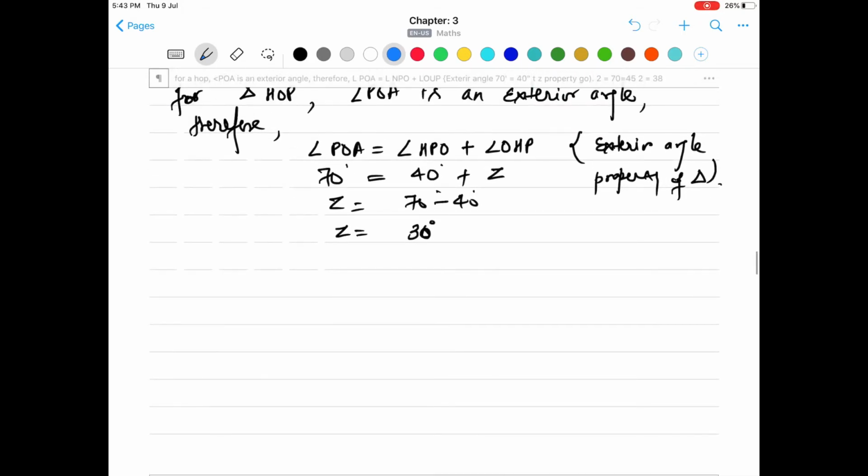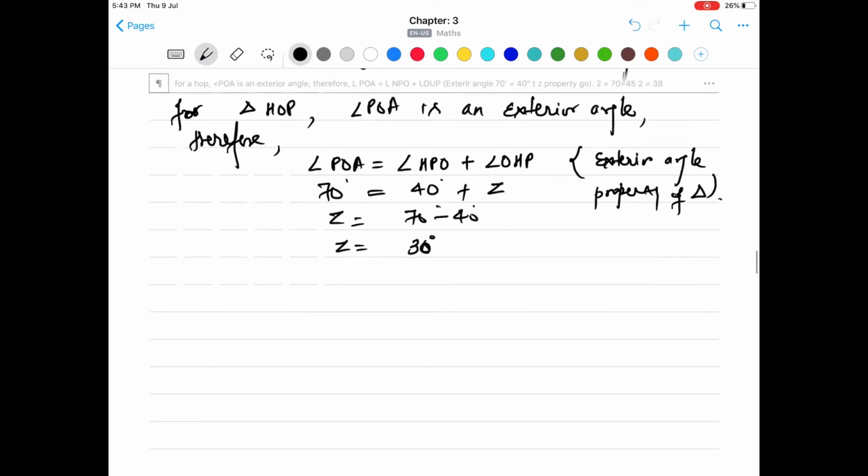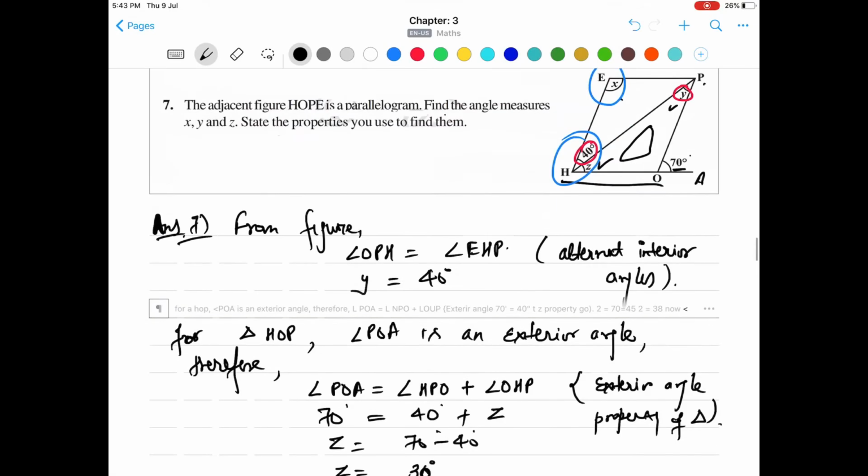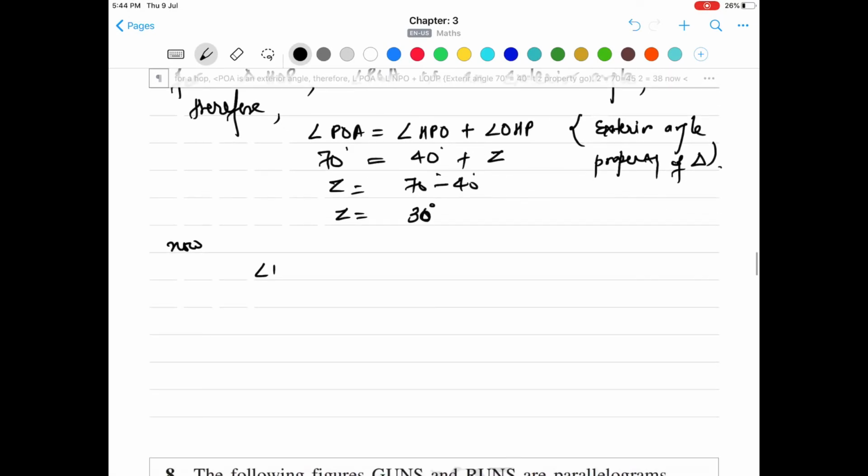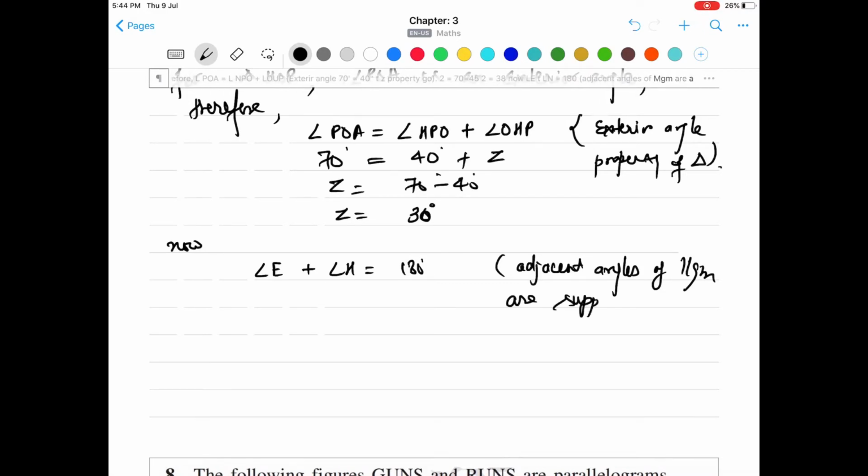So angle E plus angle H will be equal to 180 degree. The reason is adjacent angles of a parallelogram are supplementary. That's why their sum is equal to 180 degree.